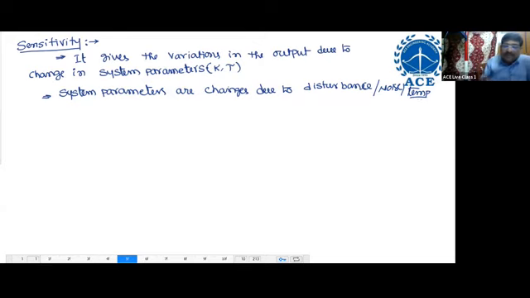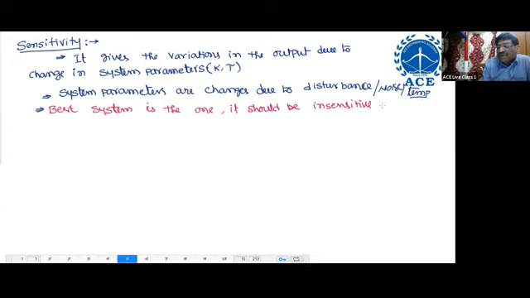The best system is the one that should be insensitive to disturbance, noise and environmental conditions.